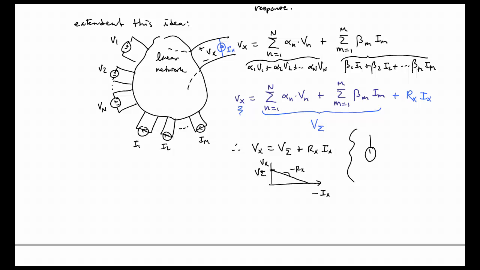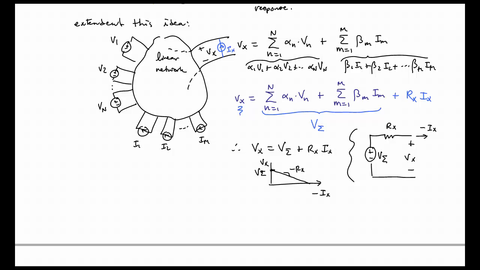Well, we could get the same load line by using a single voltage source and a resistor. The resistance would be Rx, the voltage source would be V sum, and the voltage across it is Vx, and the current leaving here is minus Ix, because remember Ix was defined as going in, right?